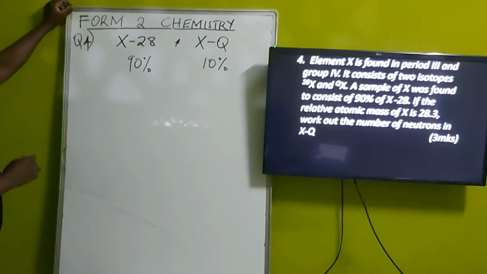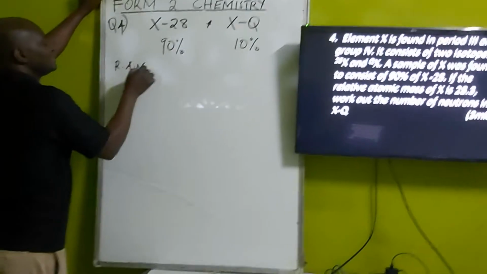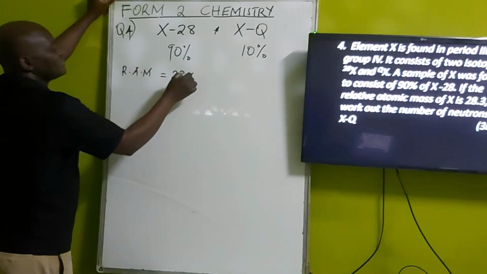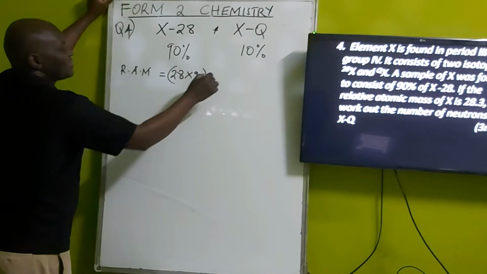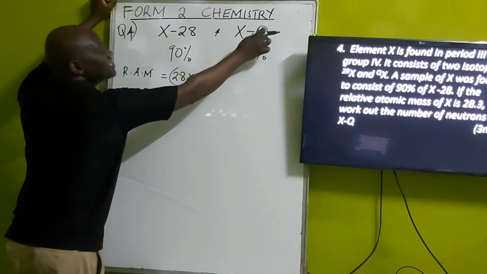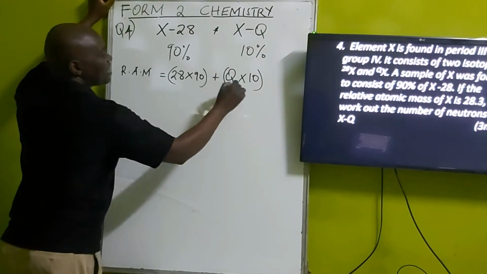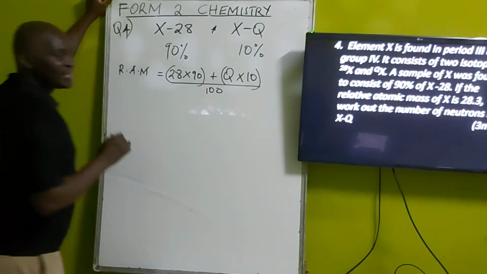Now, we are given the relative atomic mass, so we know that the relative atomic mass will be the mass number times the percentage abundance plus the mass number of the second isotope, which is Q, times the percentage abundance. This you divide by 100.